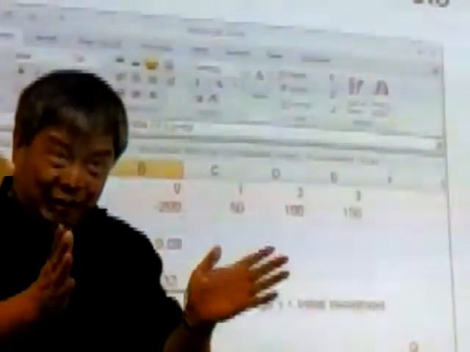Now here is my example. For example, in Excel, 0, 1, 2, 3 is the year, right? The cash flow is negative 250, 100, 150. Everybody knows that. Now I'm using required rate of return, representing cost of capital, interest rate, 8%, right? So I calculate NPV. Now here's the label.